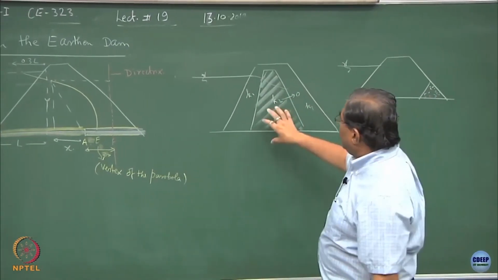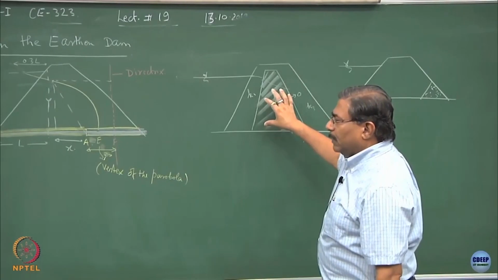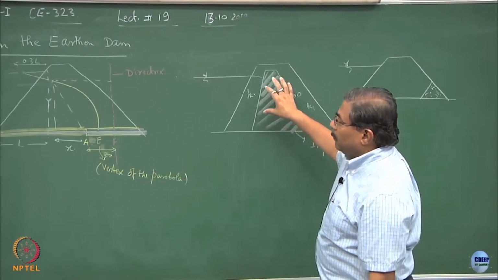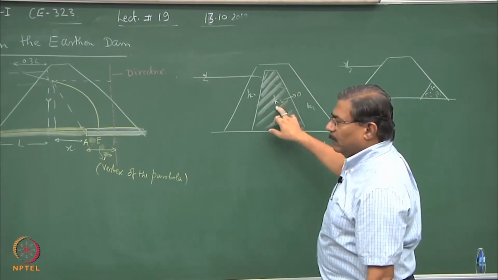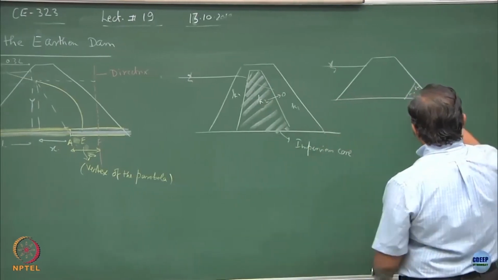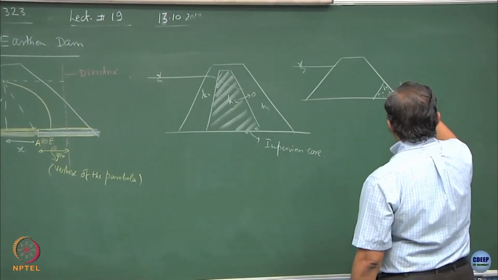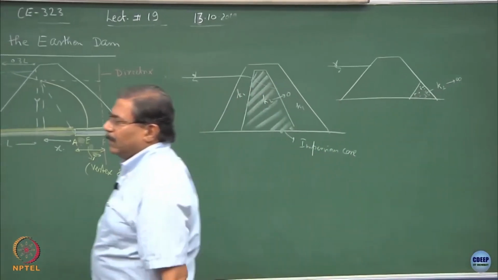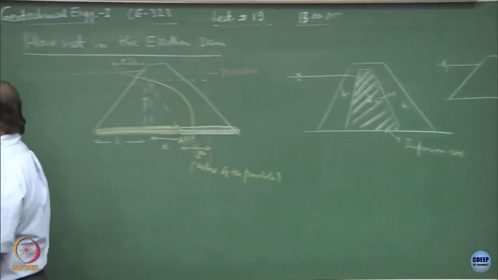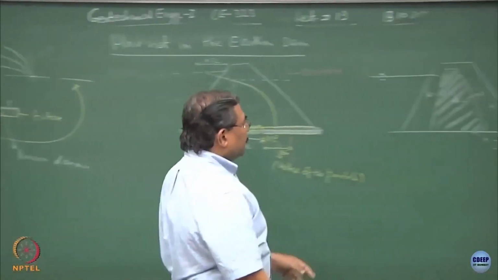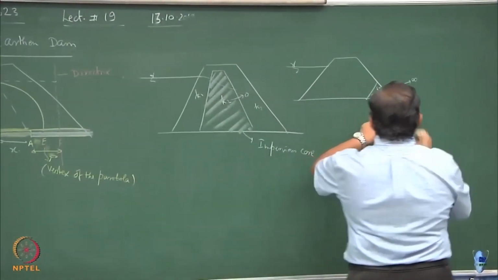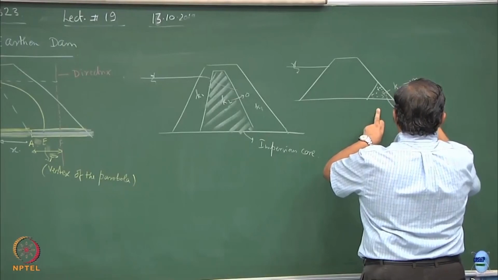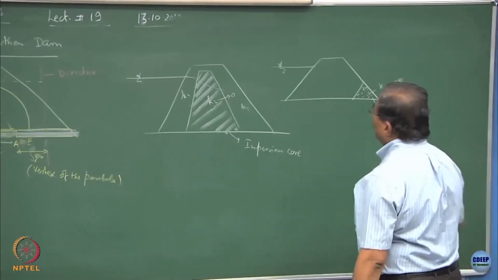So, I have used clay to make a core of the dam through which nothing should permeate, a very small value of K2. But here I am sure you will realize that K2 is tending to infinity because this is made up of rock cores, gravels, sands. There is a specific purpose. Now, this is a filter. Clear? What is going to happen?